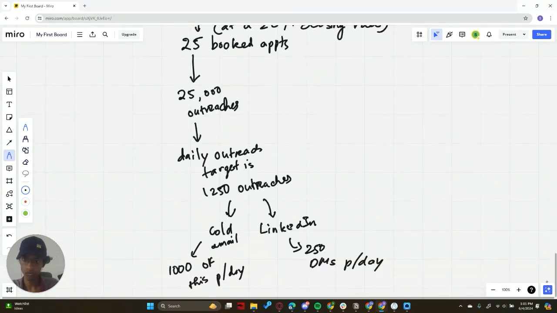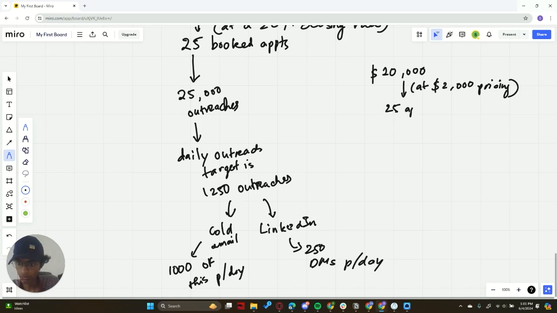So to make it a little bit cleaner, to hit 10K per month at a $2,000 offer, you would need 25 booked appointments, 5 clients basically. 5 clients, 25 appointments booked at a 20% closing rate.